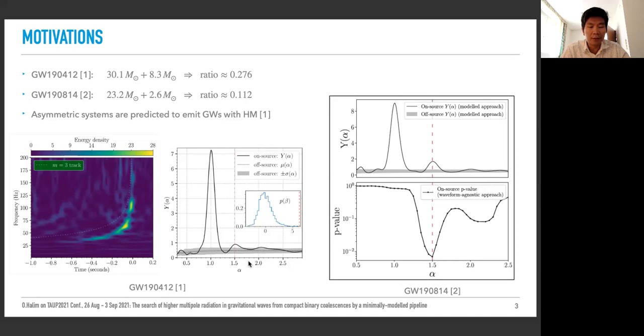But if we see the moment here, we can see that alpha equal to 1.5, corresponding to the 3-3 mode, is quite significant. And moreover, for GW190814, when alpha is equal to 1.5, the p-value for this higher mode is very, very low, of the order of 10 to the minus 3. And of course, the dominant mode, the quadrupole moment, is always present here.